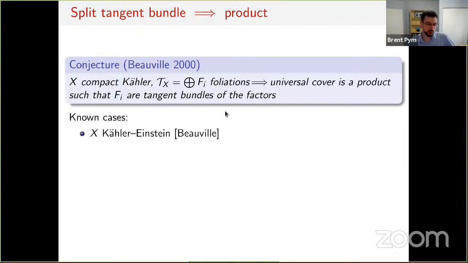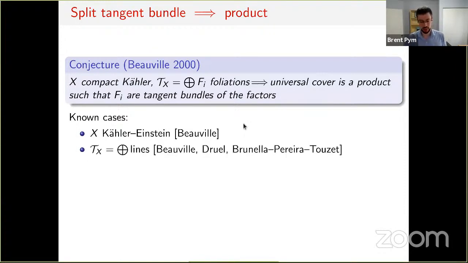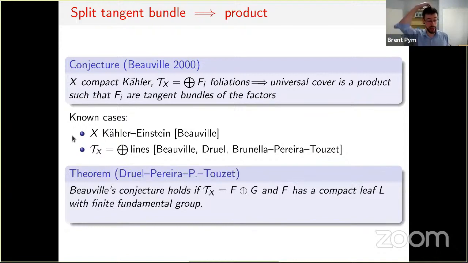So there are some known cases of this conjecture. Beauville already in this paper explained that it's true automatically if X admits a Kähler-Einstein metric. It's also known to hold when the tangent bundle can be written as a direct sum of line bundles. And so we can add now another case where this is known.